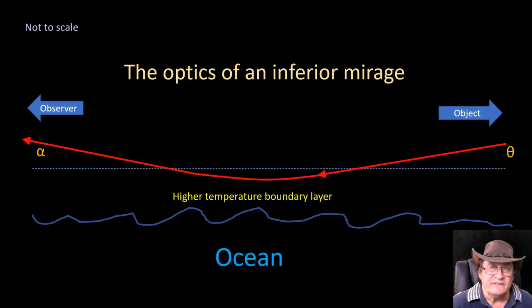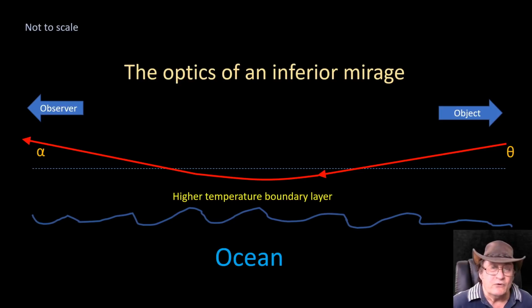So this angle of incidence here needs to be very small for this because this curve here will be very slight because there's not much bend. And so the light rays there come into this area, they bend ever so slightly and they come out with an angle alpha that may or may not be the same. But the important thing is here the angle of incidence is normally very slight.